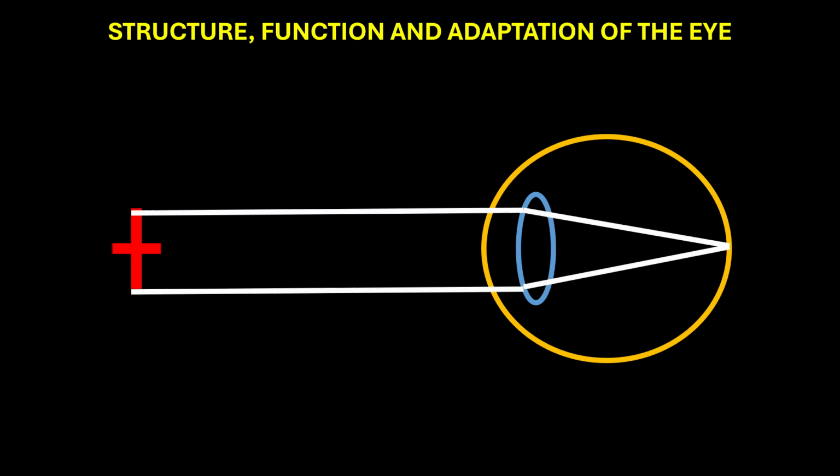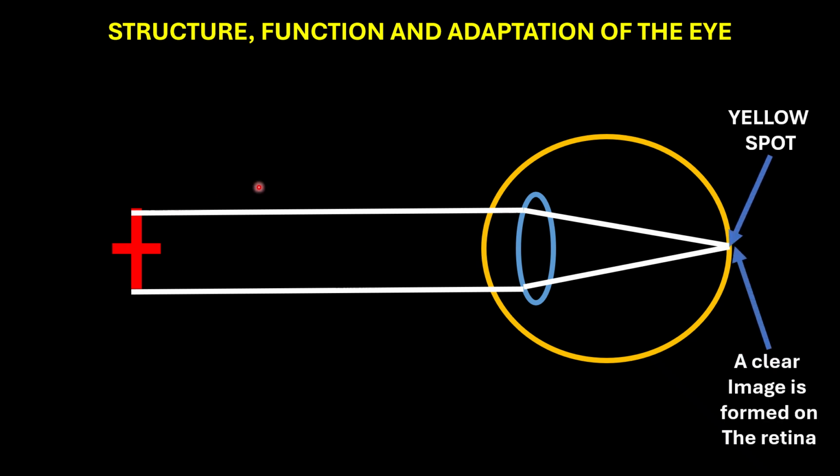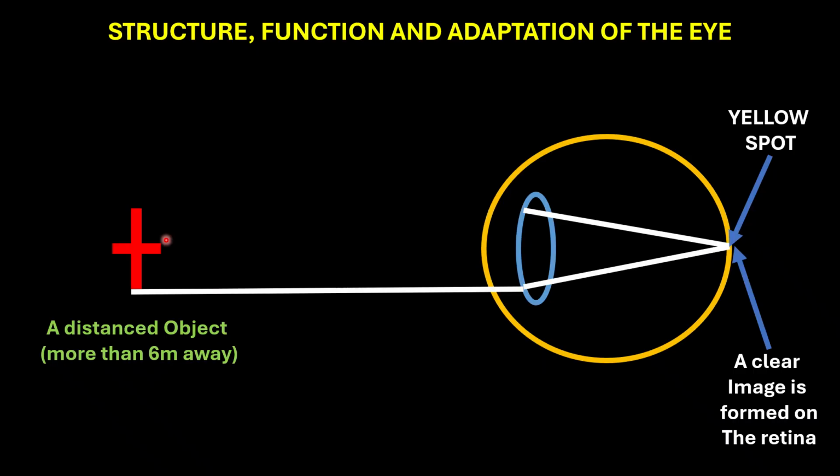So over here we have accommodation of the eye, based on the distance. We have the yellow spot, and then we have a clear image, and this object is about 6 meters away, beyond 6 meters away, and once you place it within that distance, a clear image is formed. Now, what will happen if we change the distance?